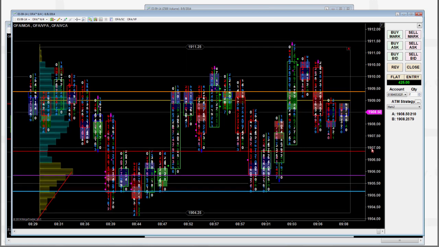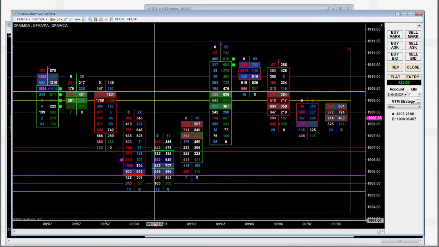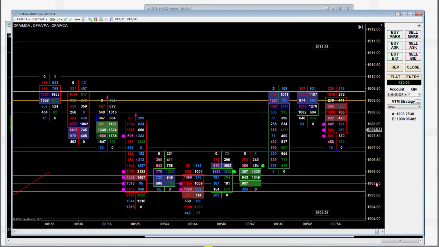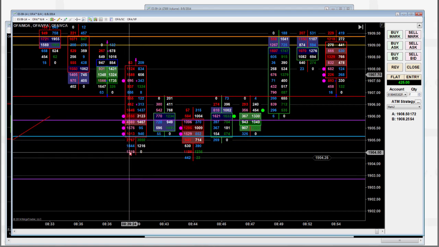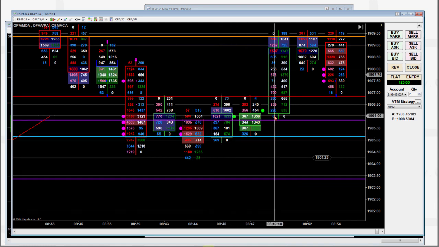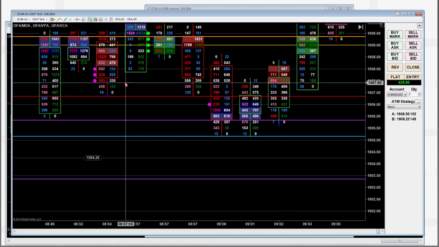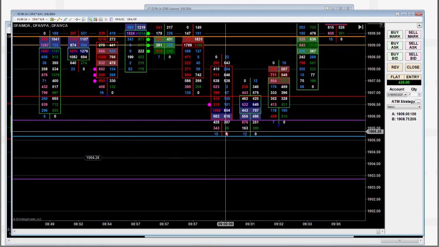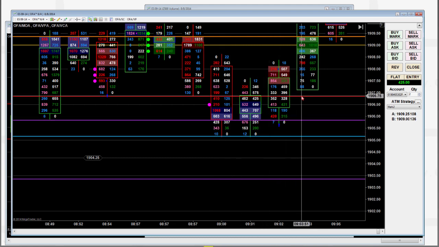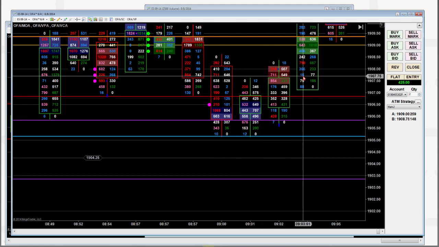In every single case as it tested lower, we had one time, the first time, where there was some strength at the bid. And then weakness, weakness, weakness. And when it tested lower again, weakness, weakness, weakness. All of this weakness suggested to me that this was going to come up.